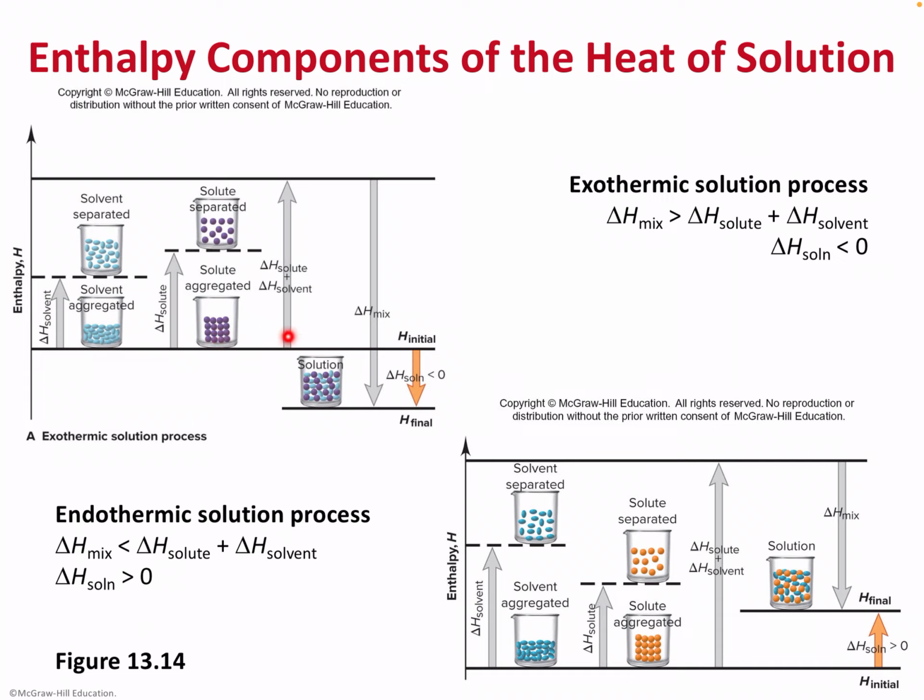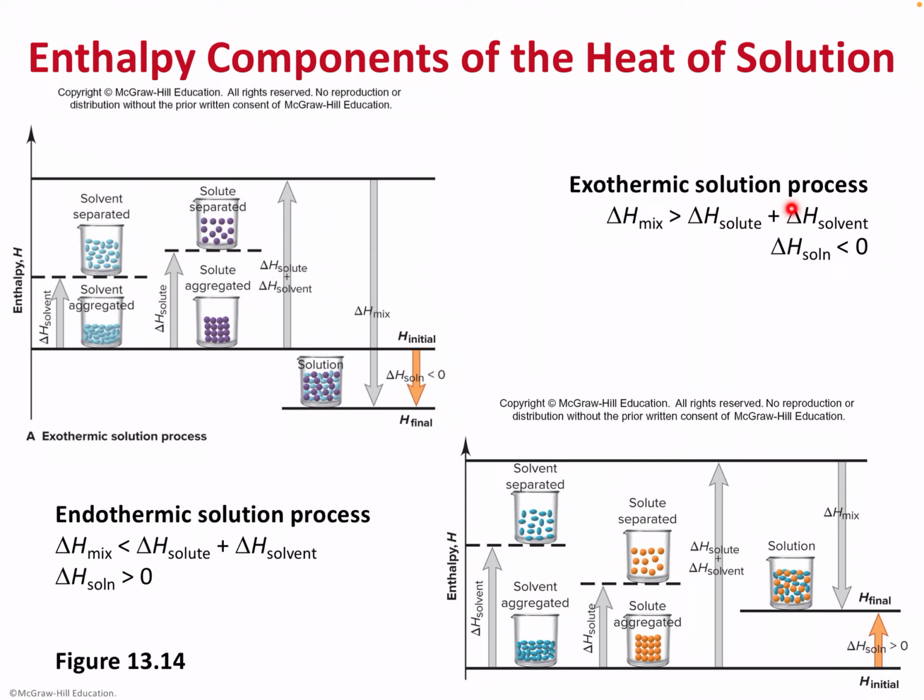So the difference, heat absorbed and heat released. Heat released is more than the heat absorbed, so then it is an exothermic process. So finally you have a solution where the solute and the solvent are intermingled with each other.